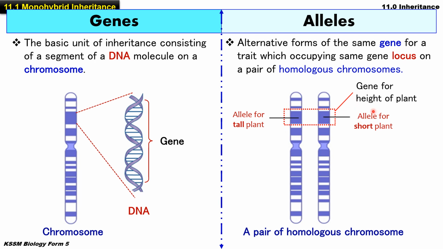So, allele can be either short or tall. Boleh faham? So, allele ni mesti dia ialah homologous chromosome, pairing. Kromosom yang sama. Cuma, dia punya allele saja berbeza. Gene dia sama. Boleh? Beza. Kalau gene dia satu je, satu kromosom je. Allele dia dua. Okay.